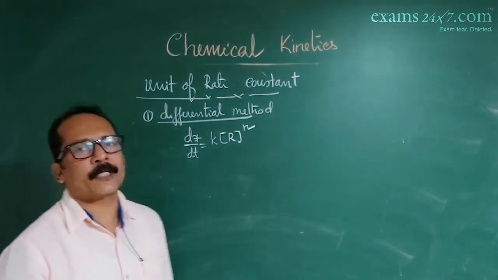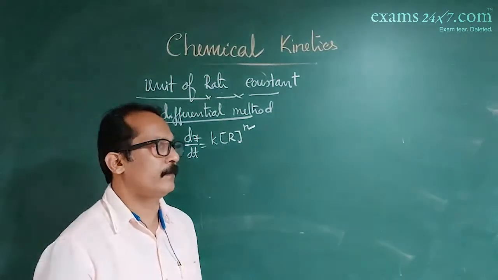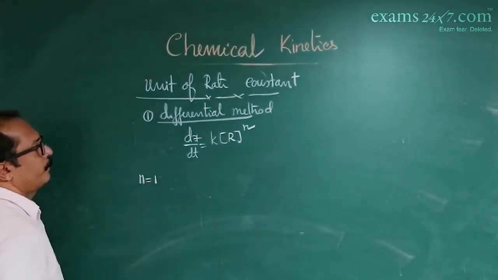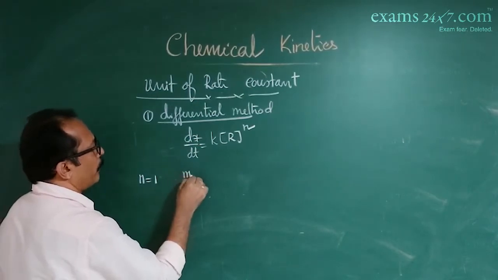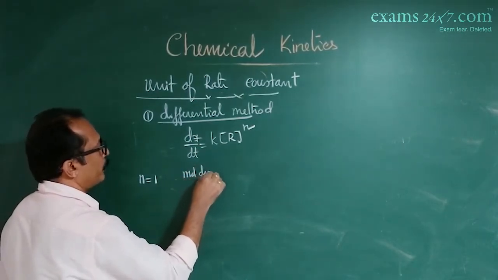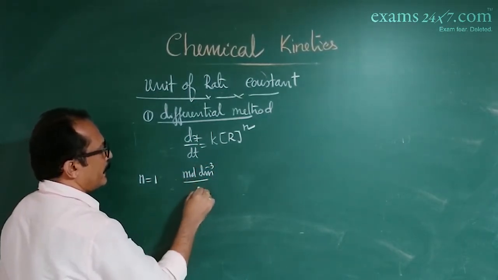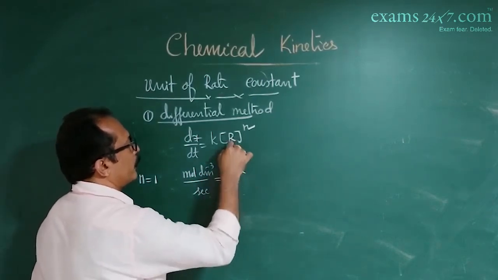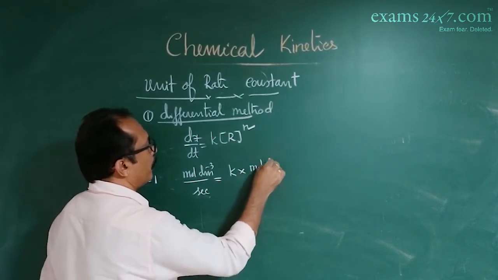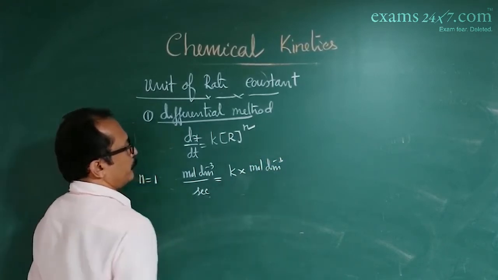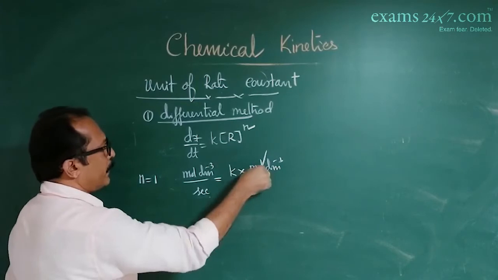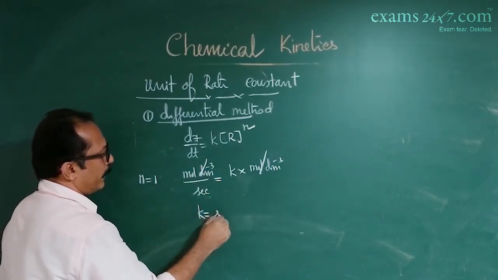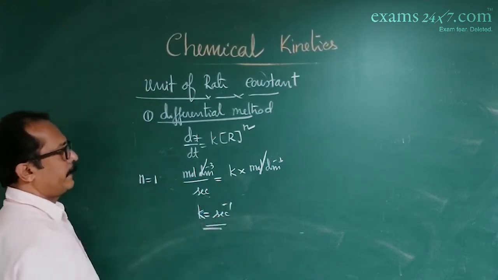For a first order reaction, n is taken as 1. The left side is mole per dm cube per second, and on the right, K into molar concentration, mole per dm cube. So mole per dm cube cancels, and the unit of rate constant is per second.